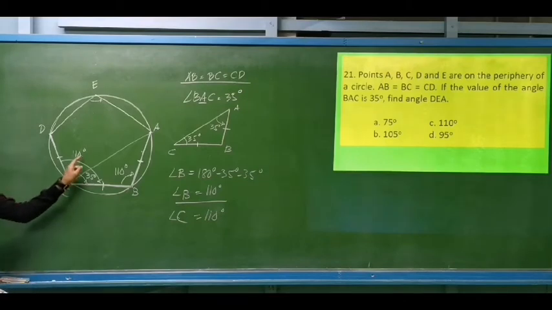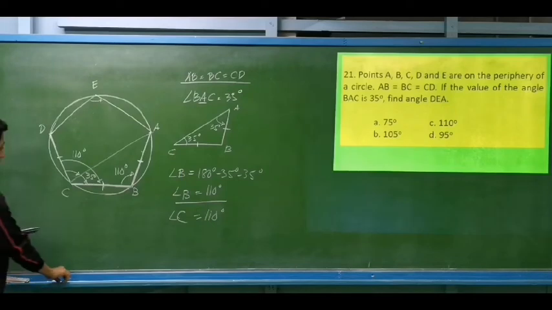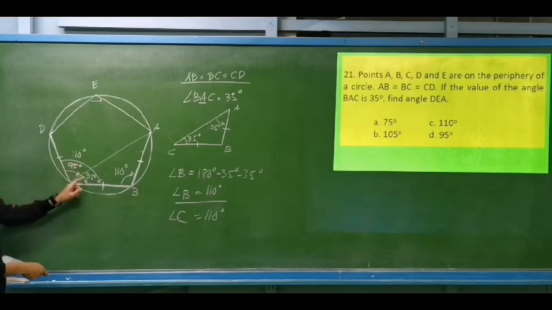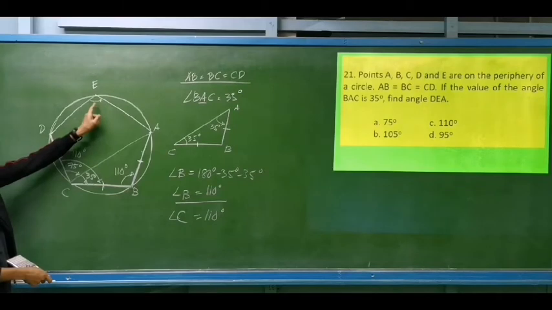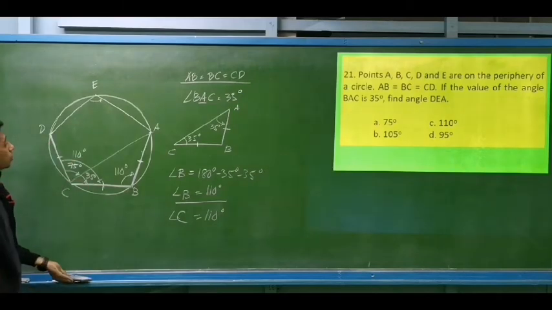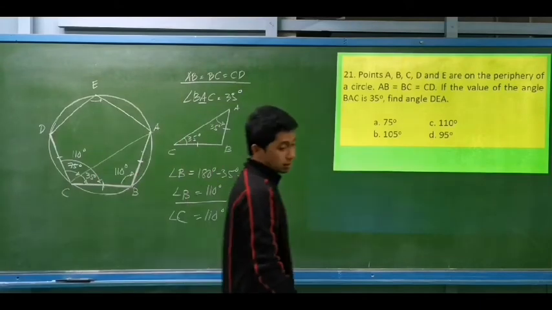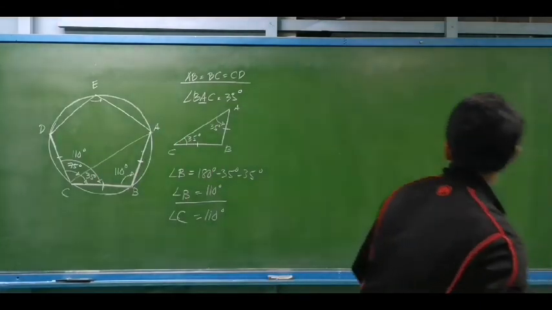So that's the same as 110 minus 35. So yung remaining angle dito should be equal to 75 degrees. So 75 plus 35 is 110. Paano natin kukunin si E? Balikan natin yung literal angle theorem. Separate na lang natin yung portion na yan.